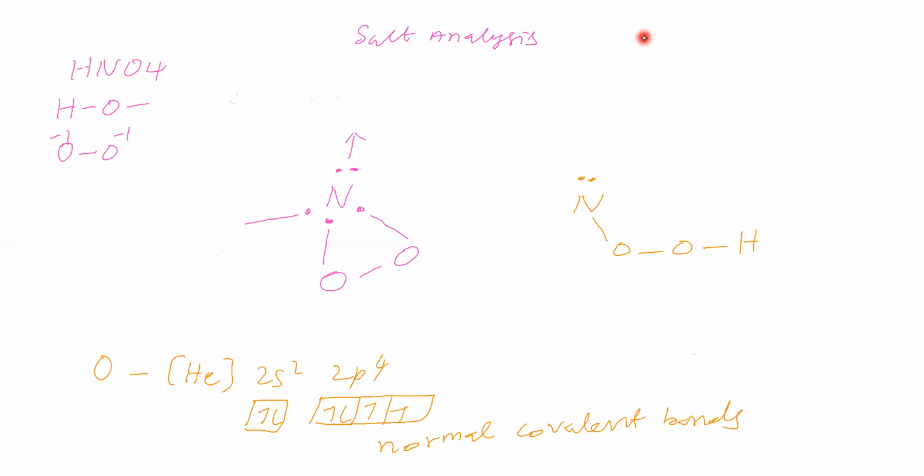From spectroscopic studies only we can elucidate the structure. From spectroscopic studies, we can say this is possible, this is not possible. It is an experimental result. Why is it incorrect?